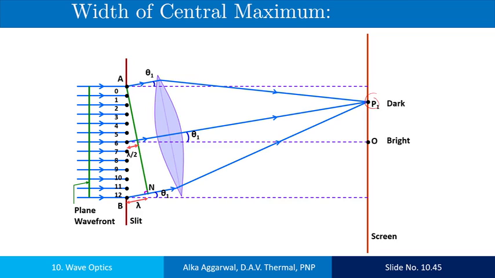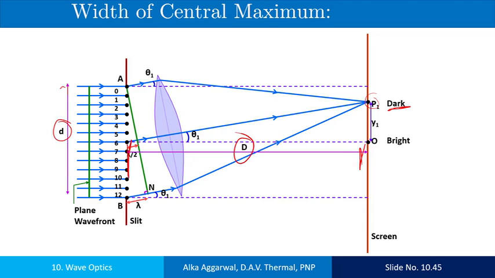Point P1 is at a distance of y1 from the center of the central fringe. P1 is a point of first minimum. Now, D is the distance between the slit and the screen, and d is the width of the slit.